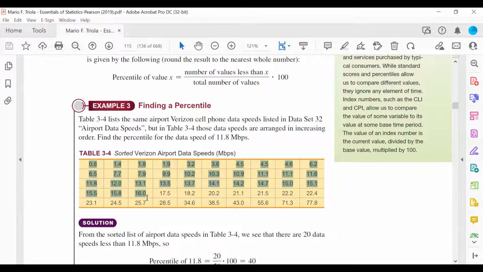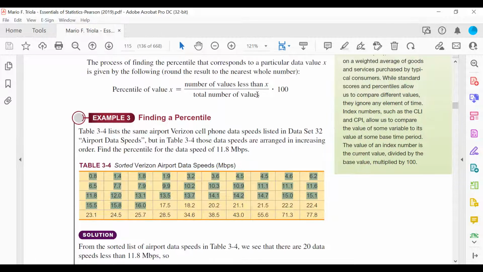All right, so I'm going to take the average of the 16. The 33rd value on the list is 16.0, and I'm going to add to it the next number, which is 17.5. And I'm going to divide it by 2.